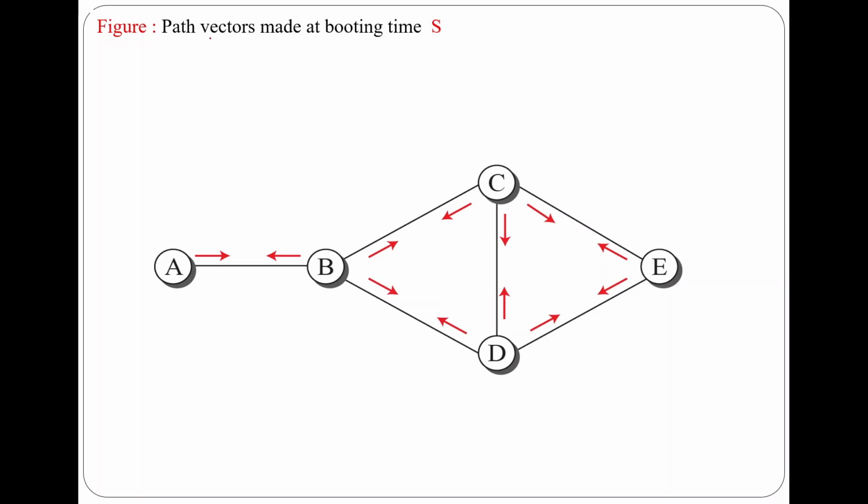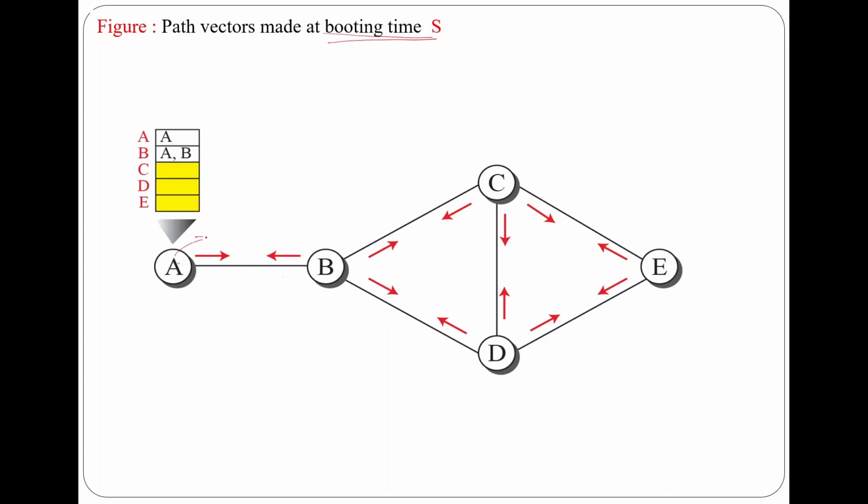These path vectors are made at booting time. Considering A, from A to A, we do not write the path cost. You can see we are not focusing on the path cost.